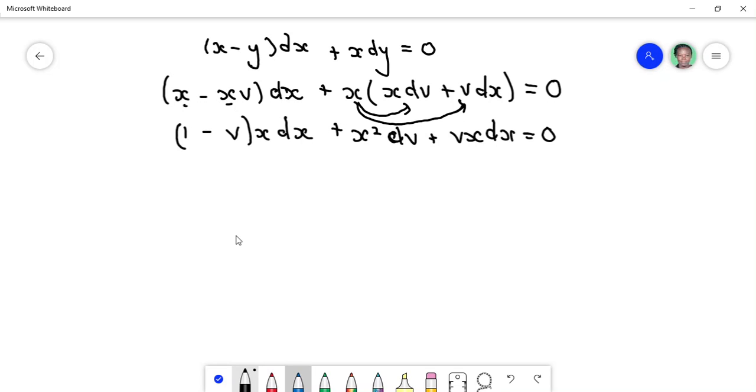Very good. So with this, let's continue to simplify.